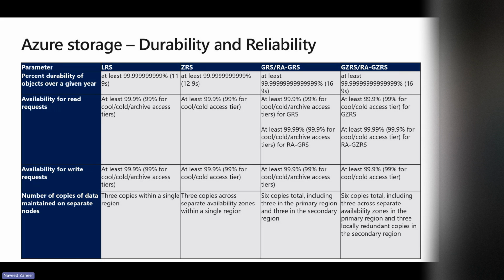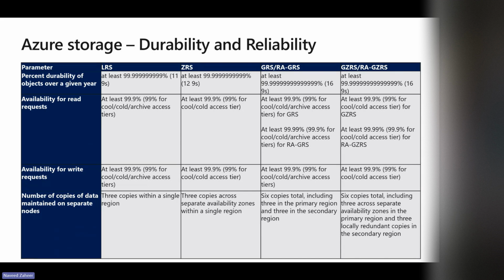It means you have three copies that are synced all the time. Whenever you save or write data, it is not committed unless all three replicas are committed. In the case of geo-redundant, you have three replicas in one region and three replicas in another region, so a total of six replicas.